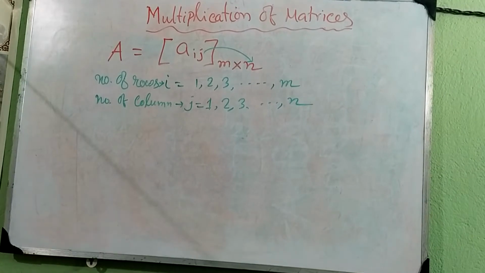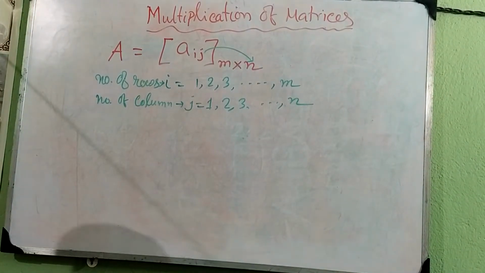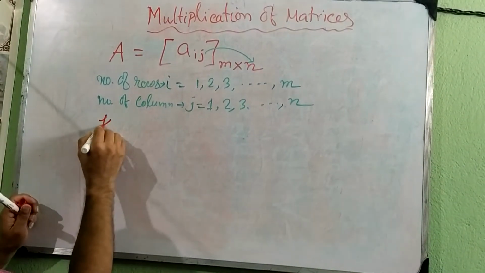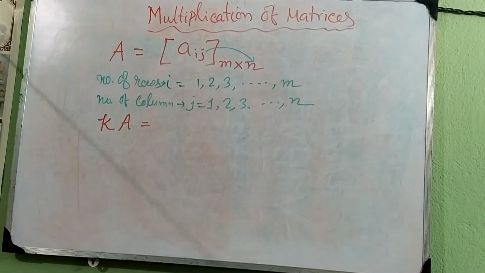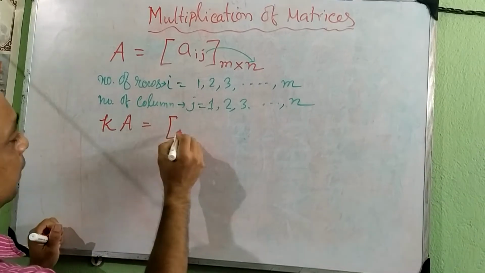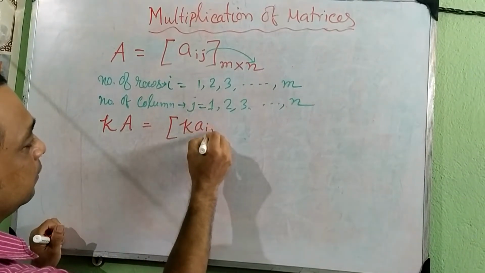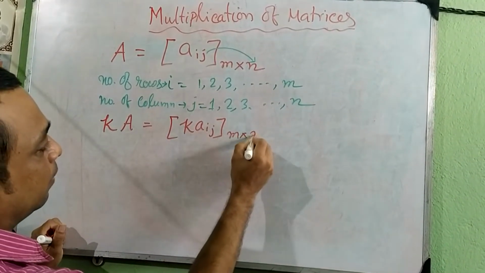Now suppose I want to multiply by a number, k, a constant, with the matrix A. Then we will get the product like this: k aij, m by n.